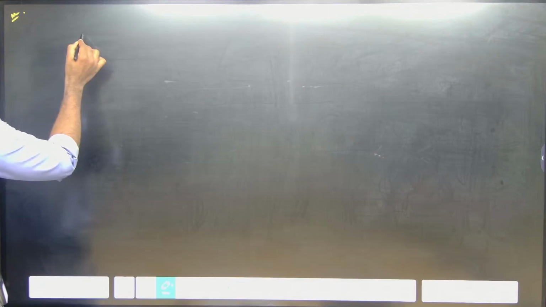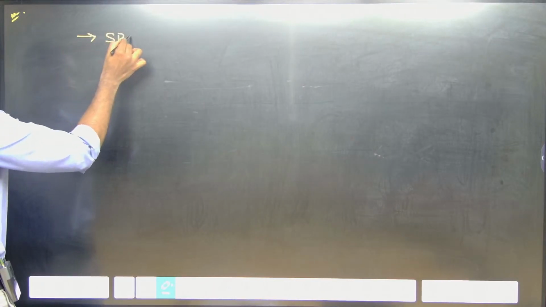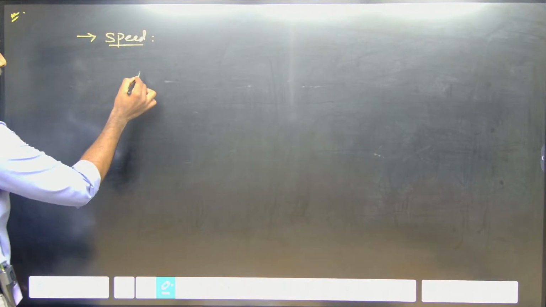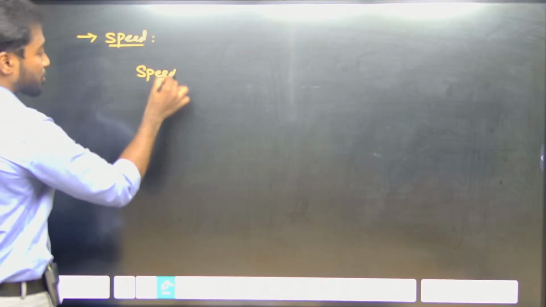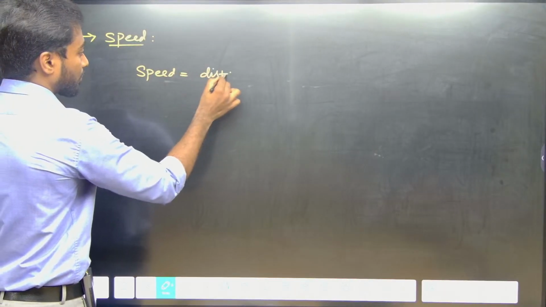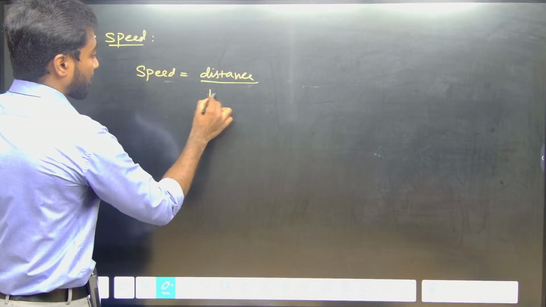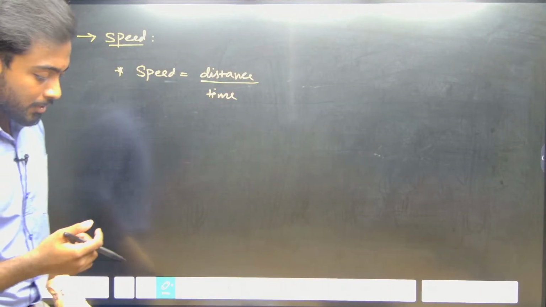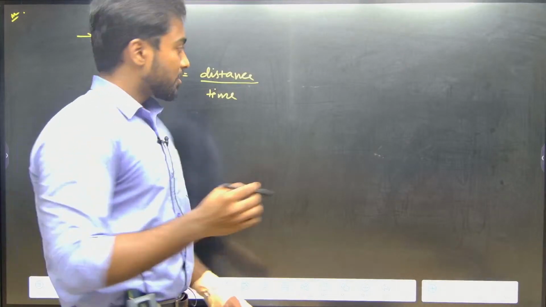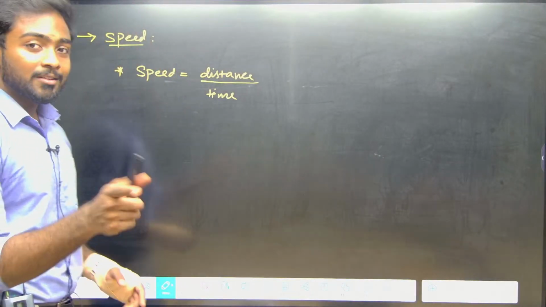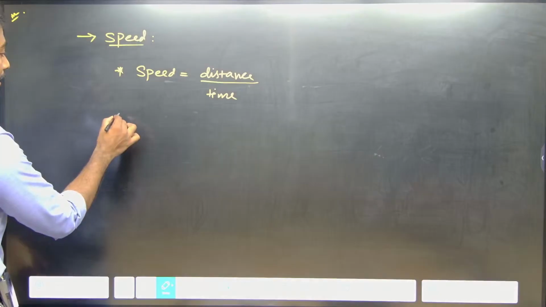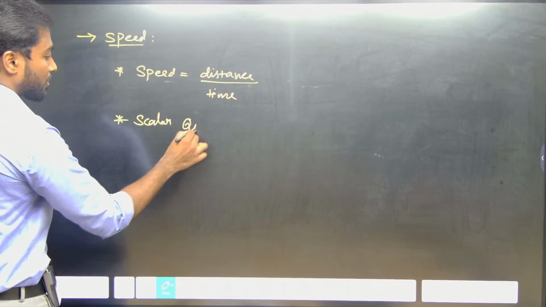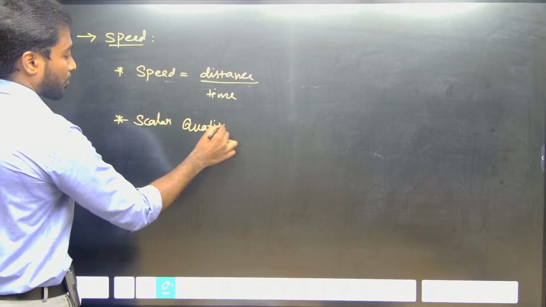We know that speed is distance by time, as we saw in the last class. So, speed equals distance by time taken. That was the first point. The second point: since we are dealing with distance, and distance is a scalar quantity, speed is a scalar quantity.